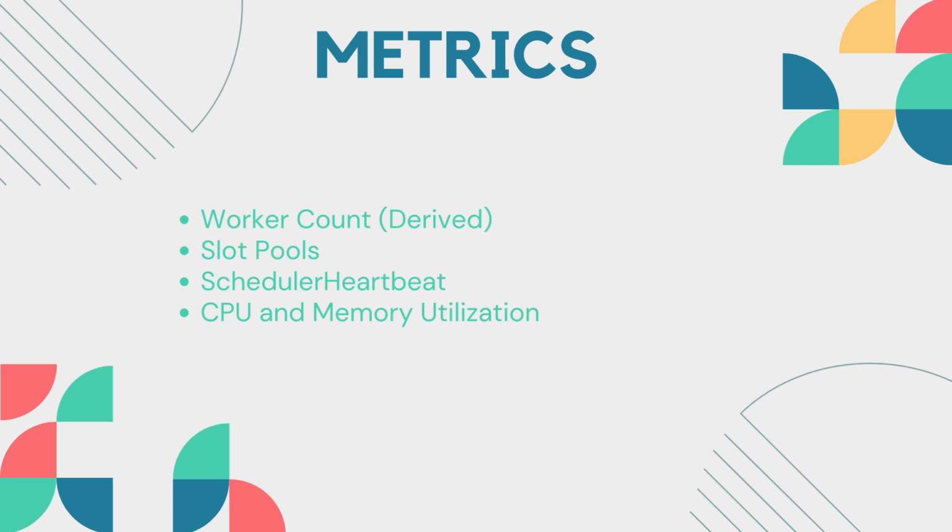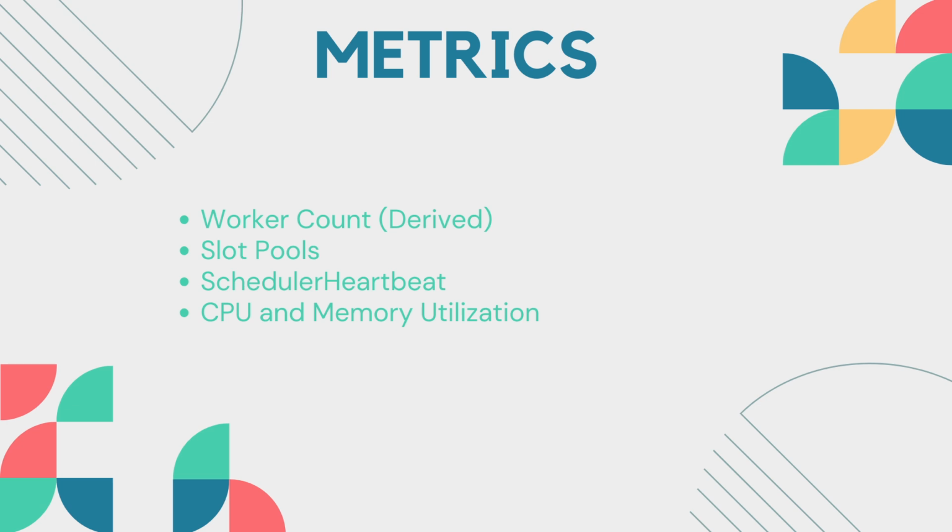Let's talk about the key metrics you'll need to monitor in MWAA. Monitoring the right metrics will help you catch issues early and scale your environment effectively. Some of the most important metrics to keep an eye on include the worker count. This shows how many Celery workers are running in your MWAA environment.